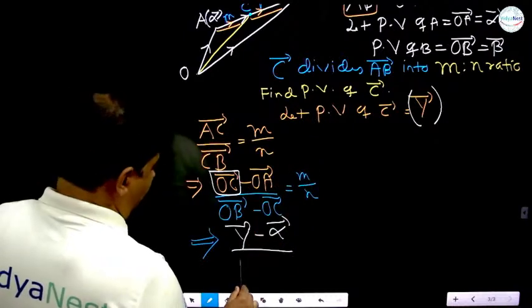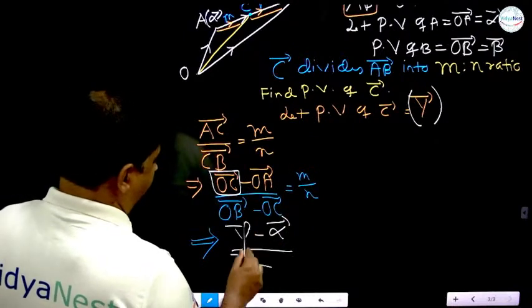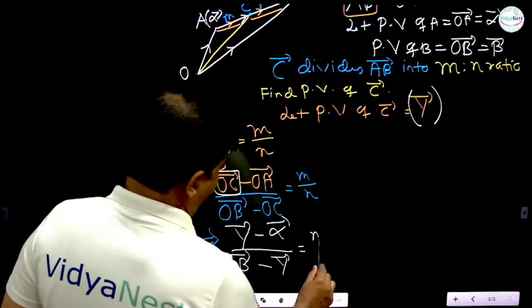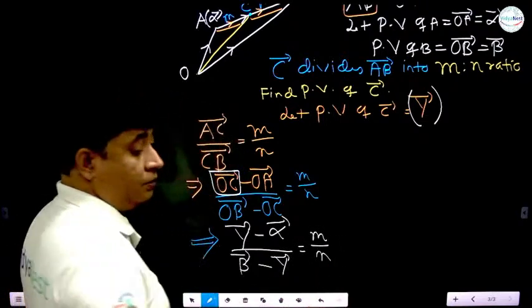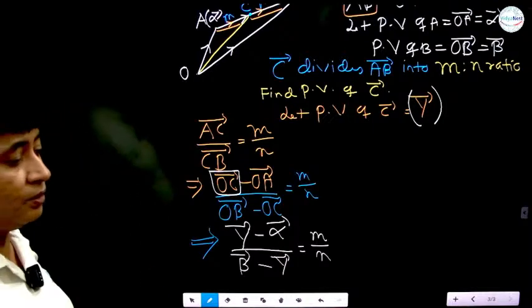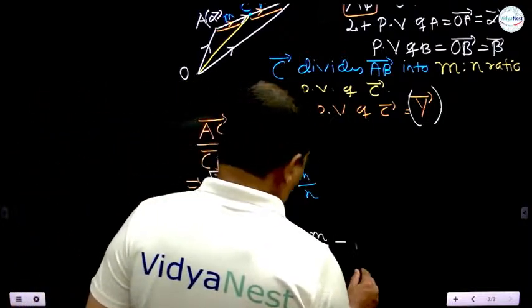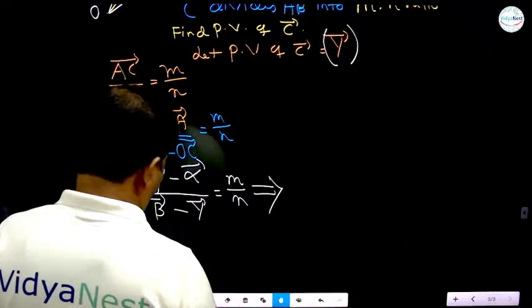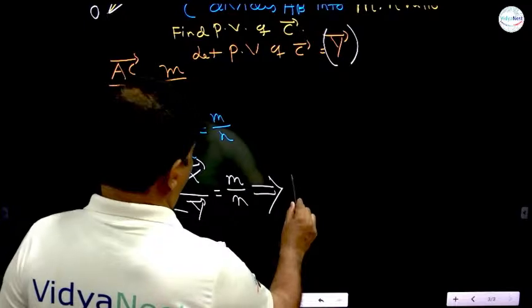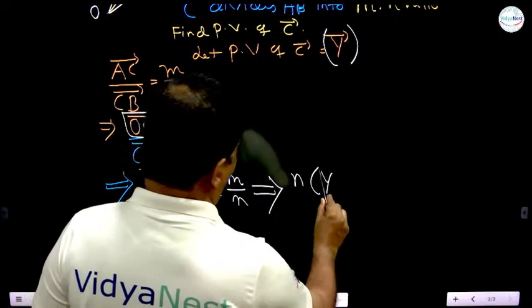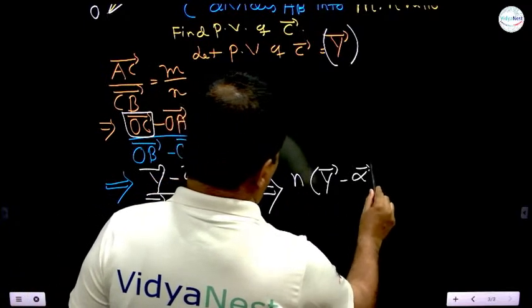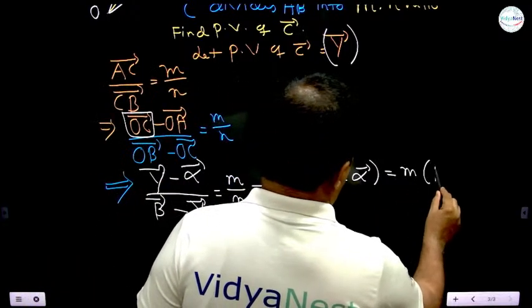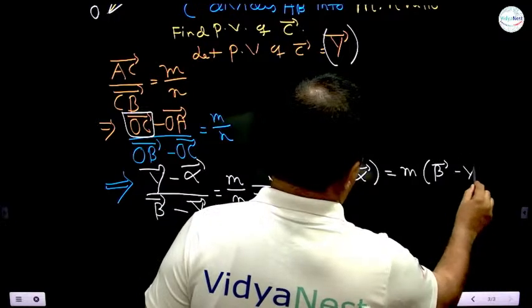Instead of OB, beta. Instead of OC, again gamma. So, cross multiply. N times gamma minus alpha equals M times beta minus gamma.